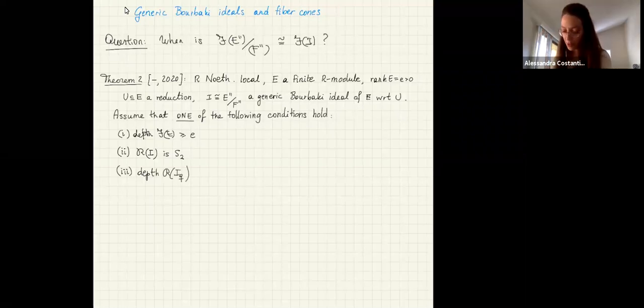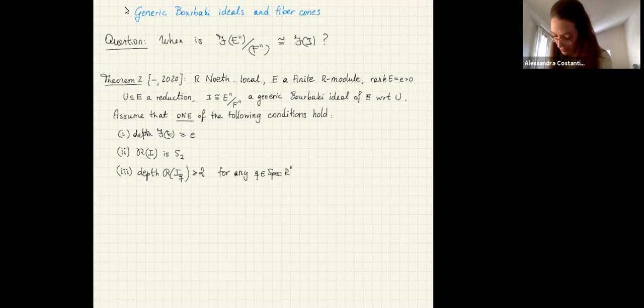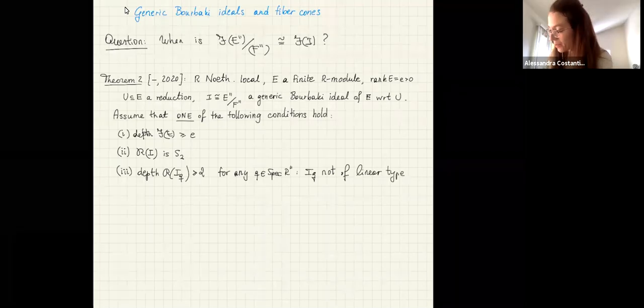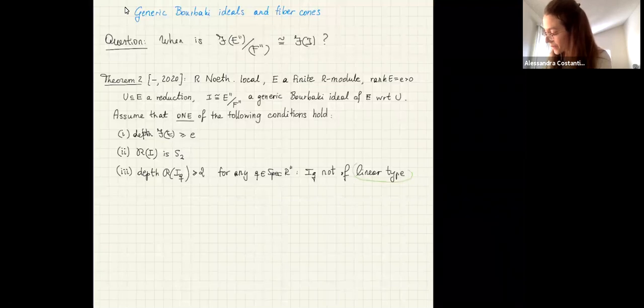I want that the depth of the Rees algebra of the ideal localized at Q is at least 2 for any Q in Spec of R double prime, so that I_Q is not of linear type. So linear type means, let me write it here, that the symmetric algebra of I is the same as the Rees algebra.